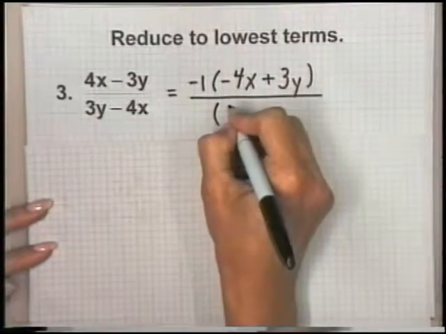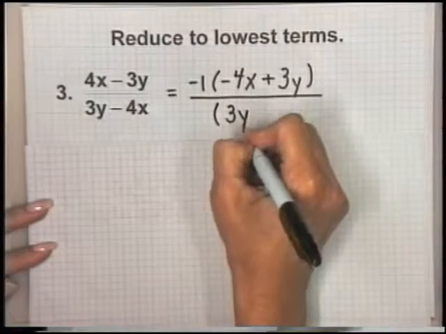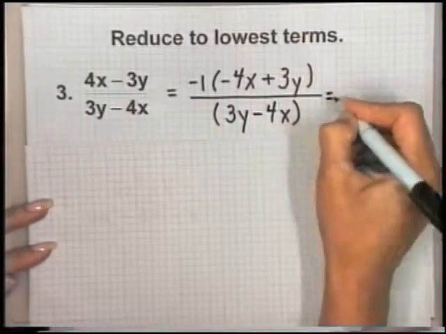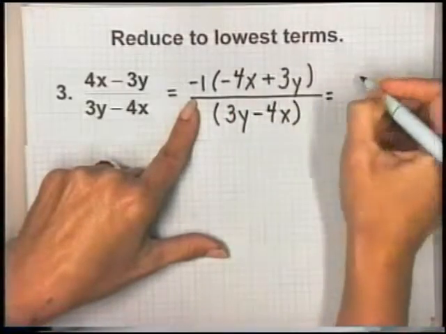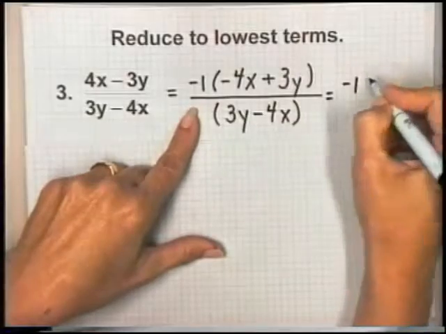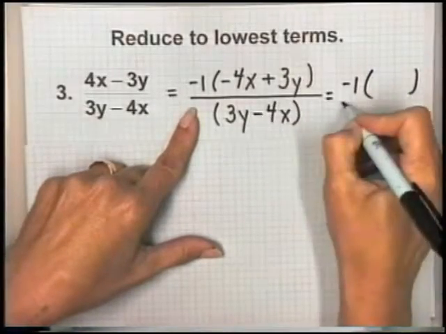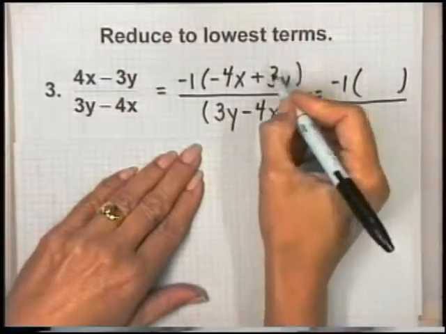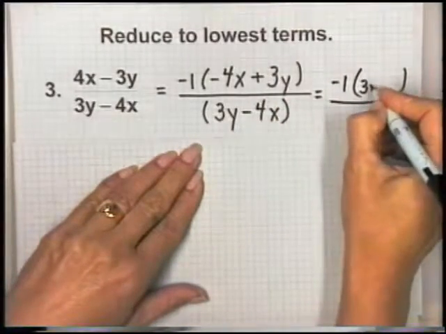Now, let's just rewrite the denominator as 3y subtract 4x. Now, in the numerator, I have a factor of negative 1, and for my binomial factor, I want to change the order of the terms using the commutative property.